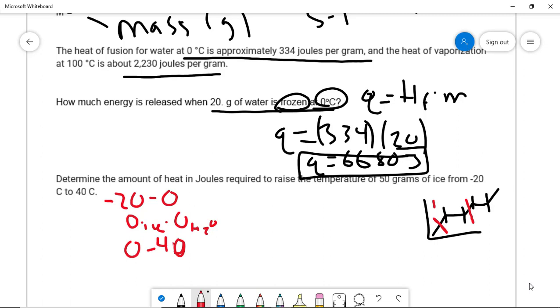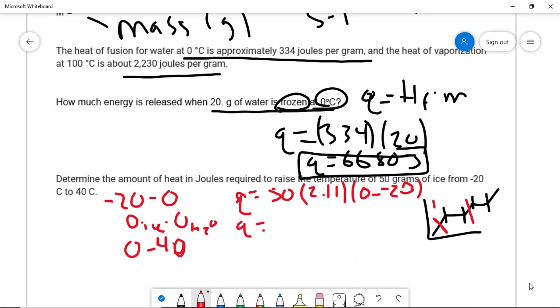Anytime you see a change in temperature, we'll use Q equals MC delta T. If the temperature stays constant, we'll use Q equals HF times M. So do the first part here, Q equals 50 grams, so M, C, the value of C for ice is 2.11, and then our final, which is 0, minus our initial, negative 20.